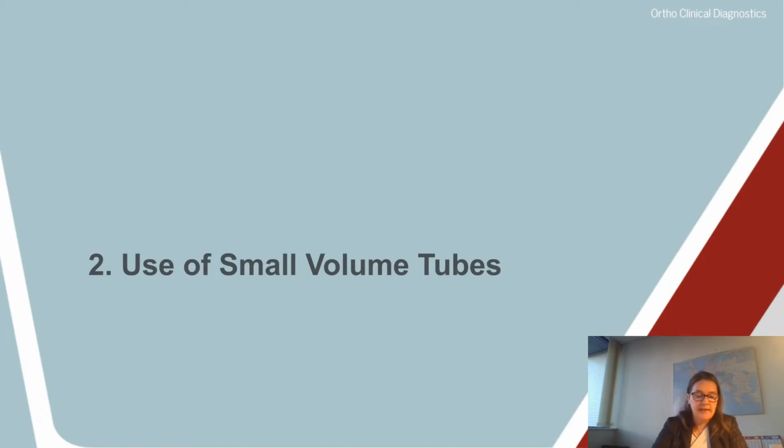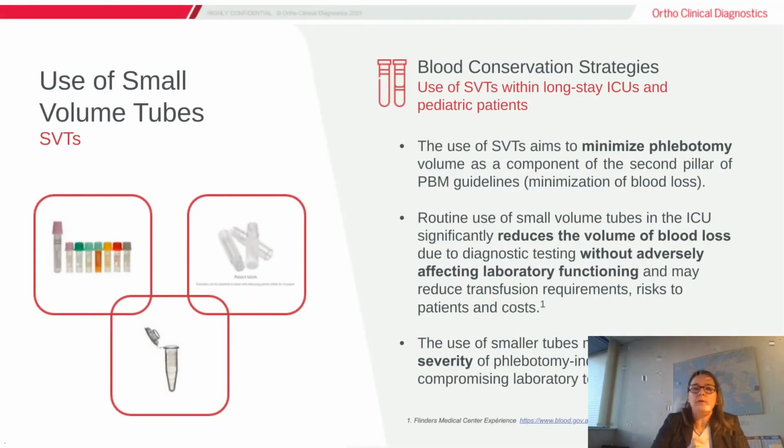Now let's look at the second way to improve patient blood management, which is using small sample volumes. The use of small sample volumes aims to minimize phlebotomy volume and is really important.